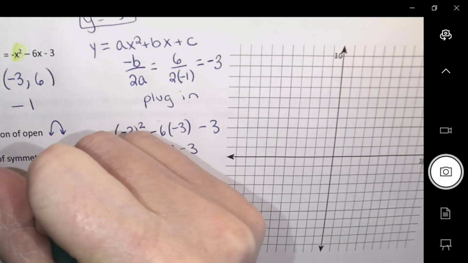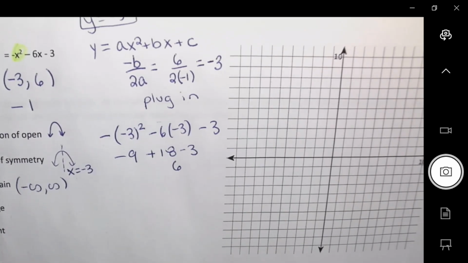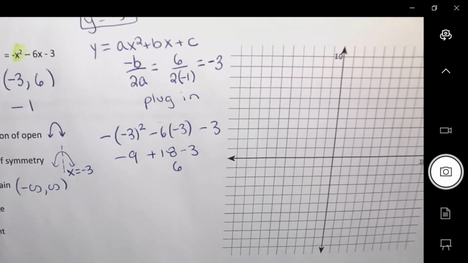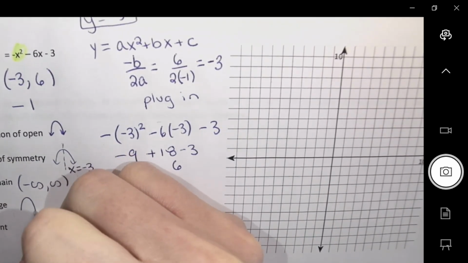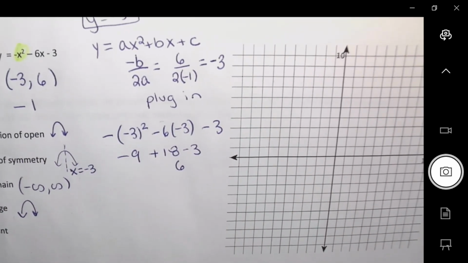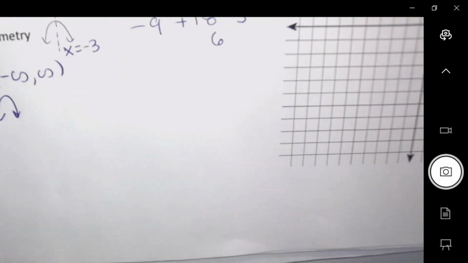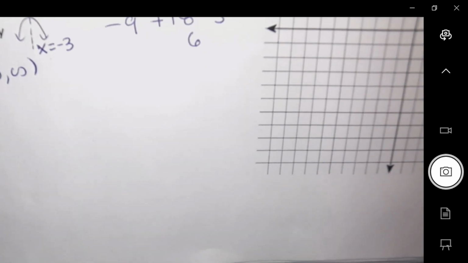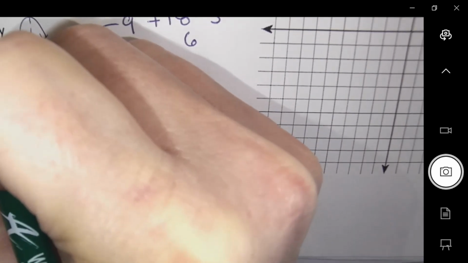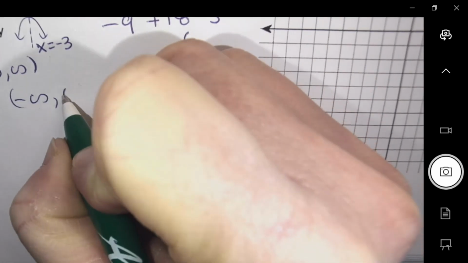Domain, negative infinity to infinity. Range, I have to visualize it. So it's going to go from negative infinity to the height of 6.